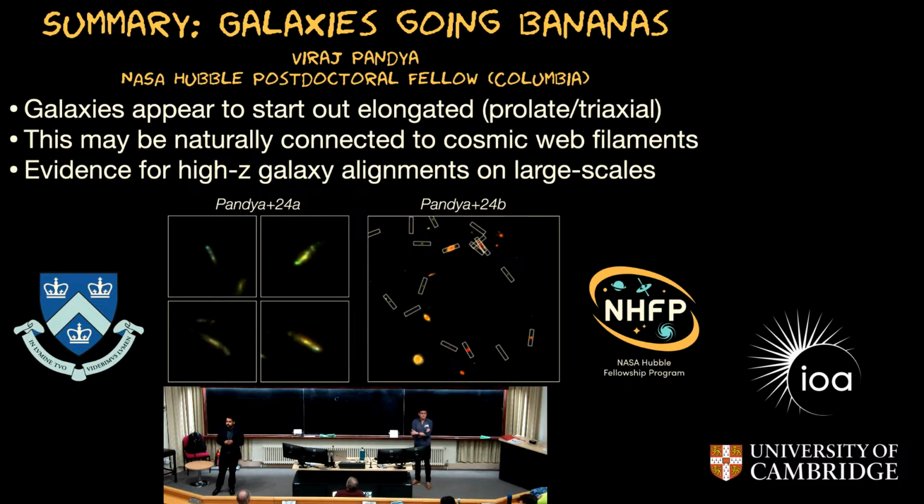Then over time, via processes that we don't completely understand, they're able to transform their shapes from banana to these balls of dough and pizzas. We think you probably can't go back from a pizza shape or a ball shape to a banana, but you can go the other way around.